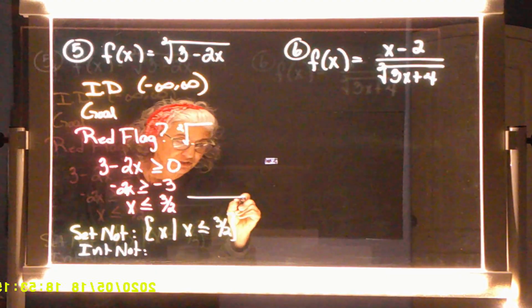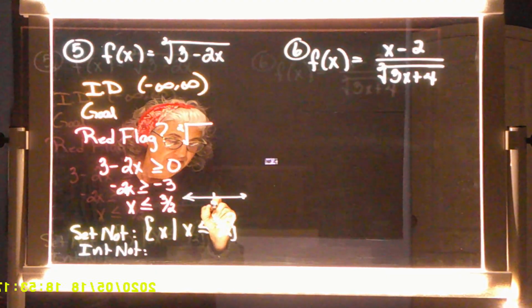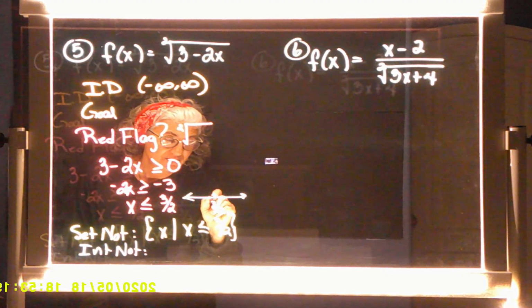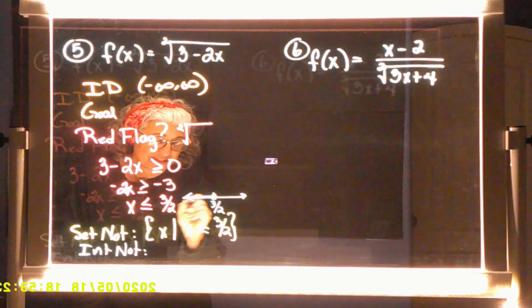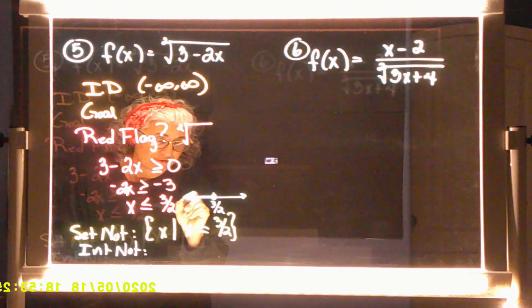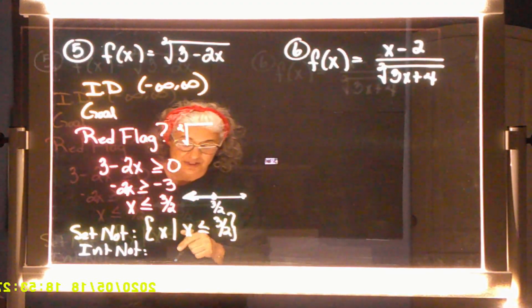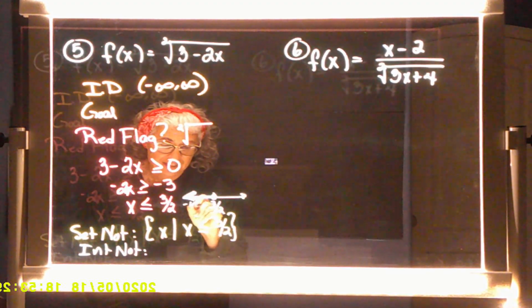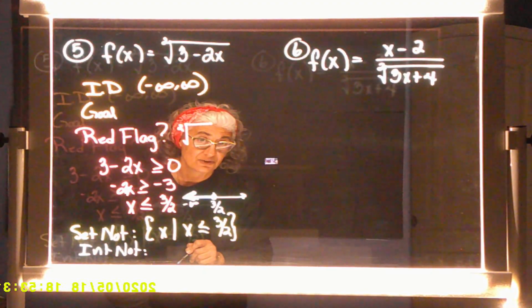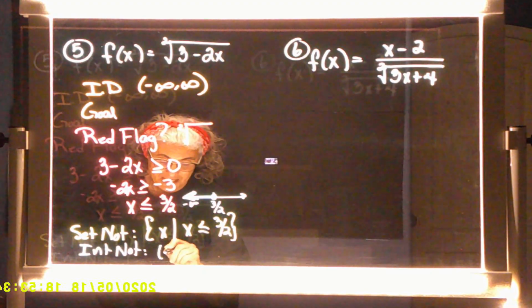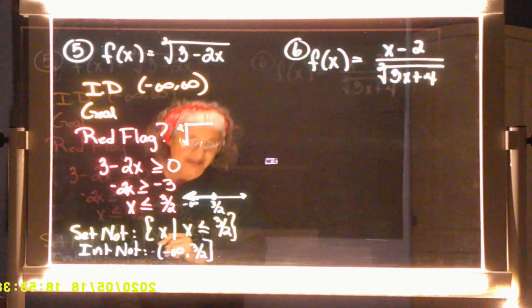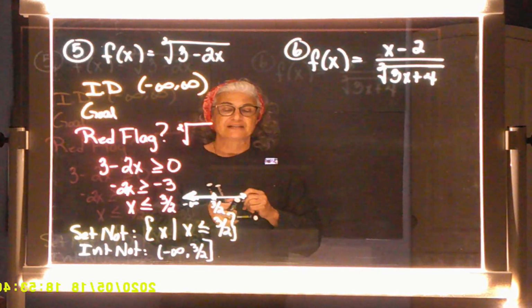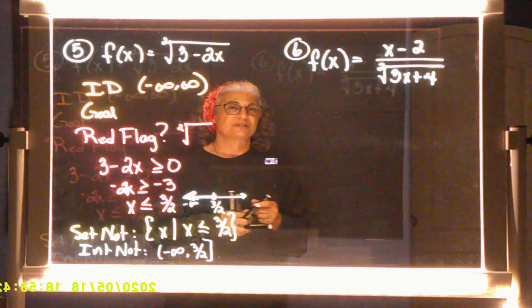If I take a look at the graph for this one, at 3/2, we have a solid circle, right? And x is supposed to be less than that, which means that's everything to the left of the 3/2. And that's negative infinity out there, isn't it? So, negative infinity to positive 3/2 with a bracket, because of that solid dot, because of that equal to sign.